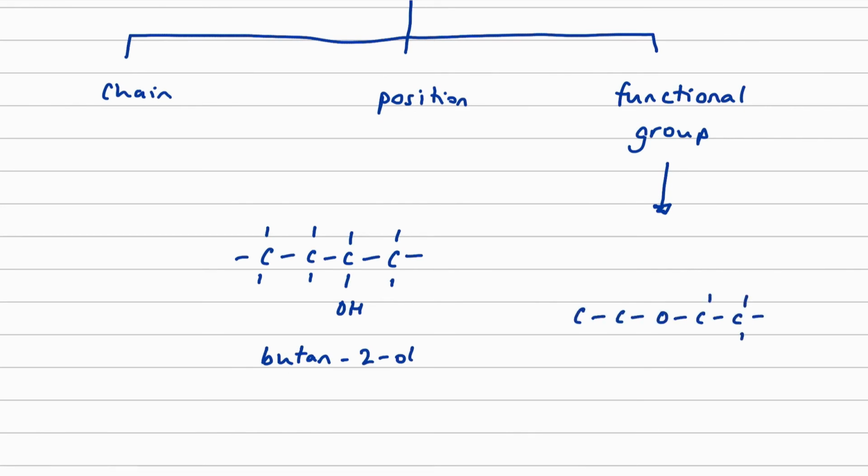Okay. So this molecule here, well, let's say our first one is an example of an alcohol. And this molecule here is an example of an ether. This particular one is called ethoxyethane.